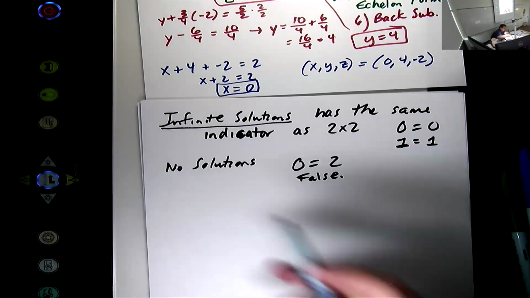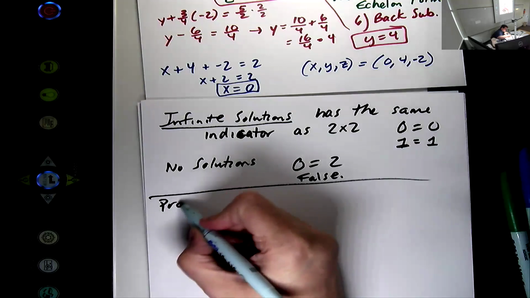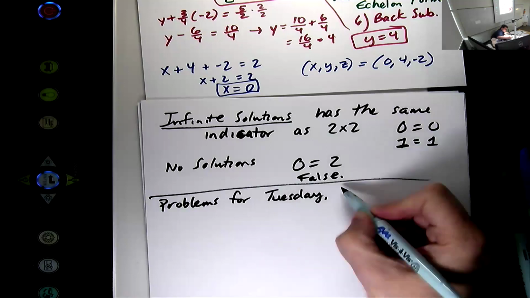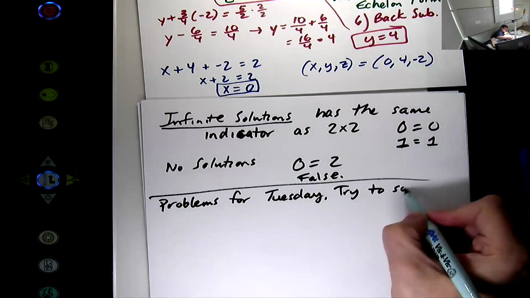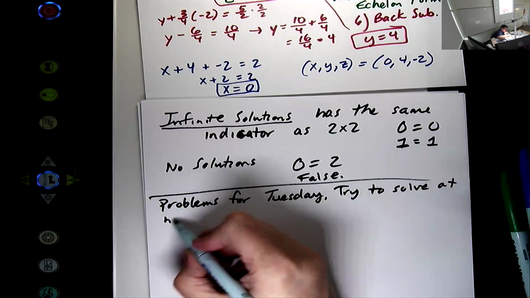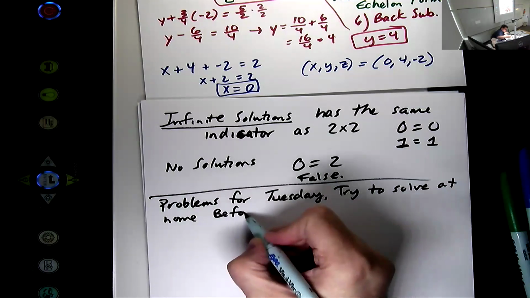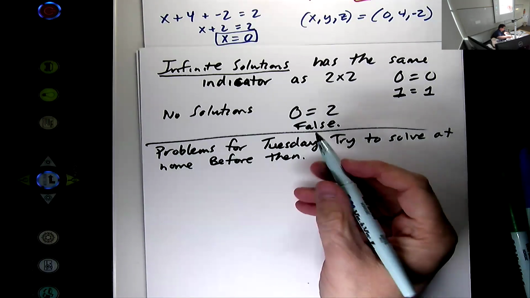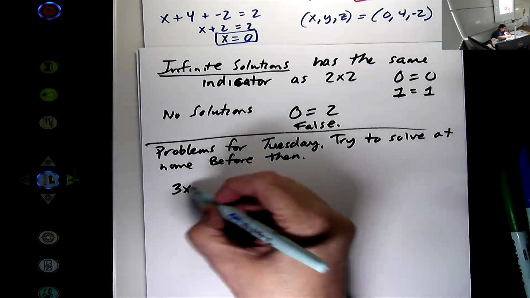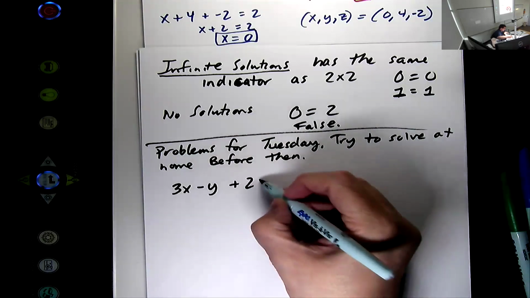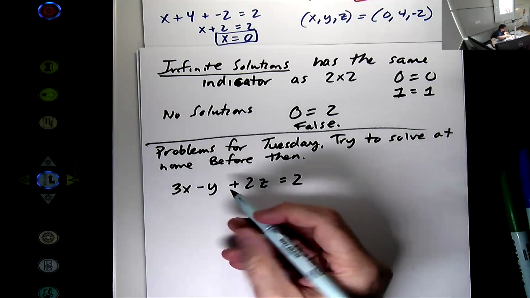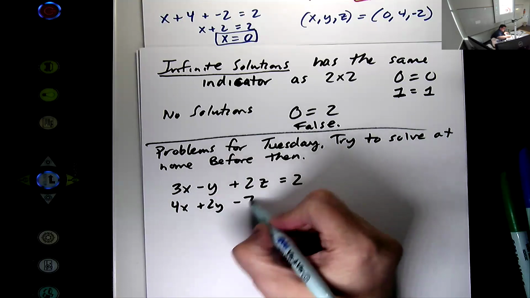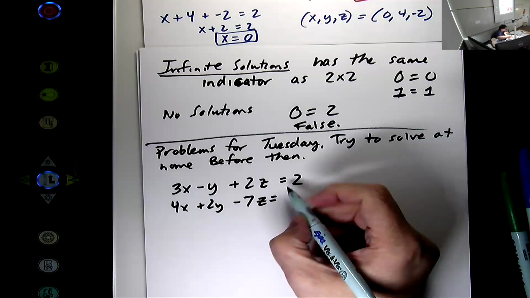So let me write down some problems we will do on Tuesday; try to solve them at home before then. Three x minus y plus 2z equals 2. 4x plus 2y minus 7z equals 0.